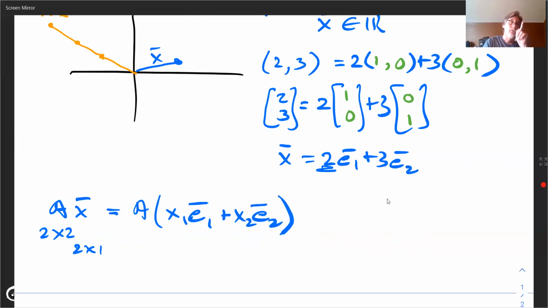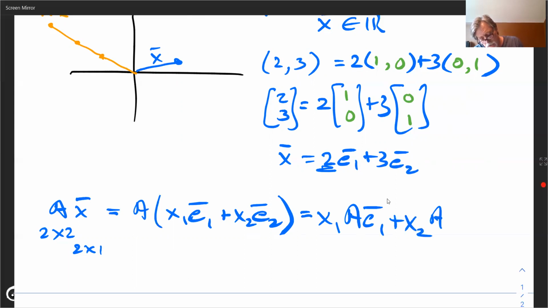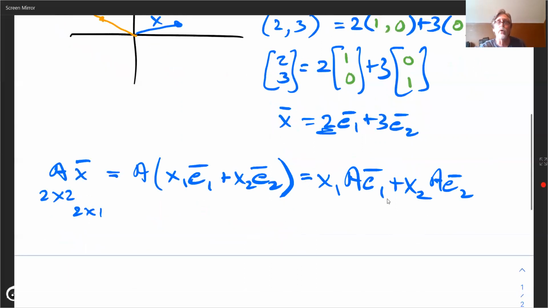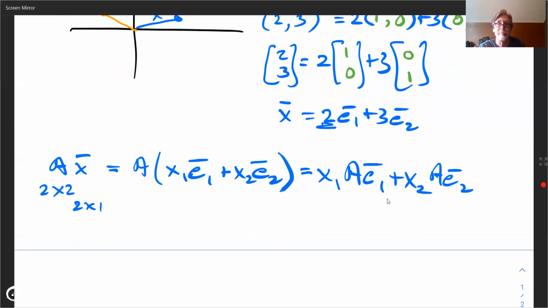So what? Well, it's the story about multiplying with a matrix. We have properties that say I can do something like x1 times AE1, and then plus x2 times AE2, because of the properties of multiplying with matrices and vectors.